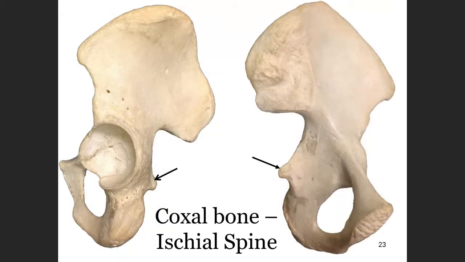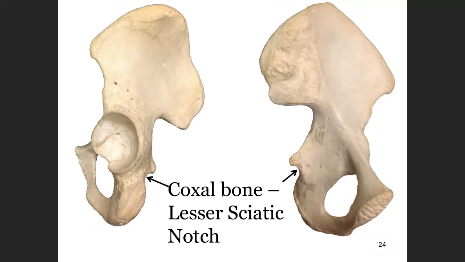So now we're going to go down into the ischium. You see this little nubbin hanging out there? That's the ischial spine. The ischial spine is in between the greater sciatic notch and the lesser sciatic notch. So here you can see there's the lesser sciatic notch, right below or inferior to the ischial spine.